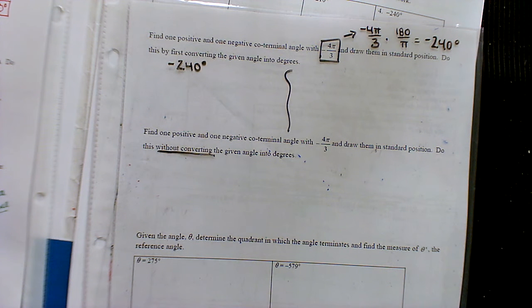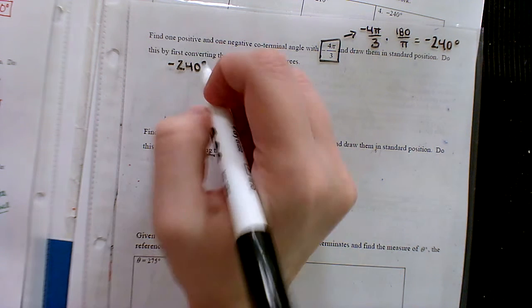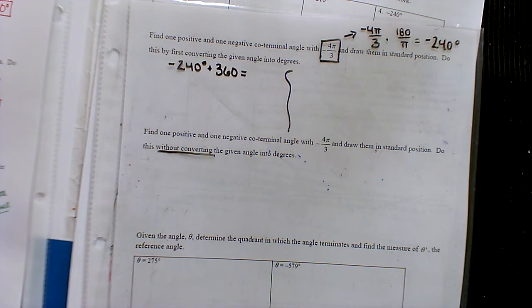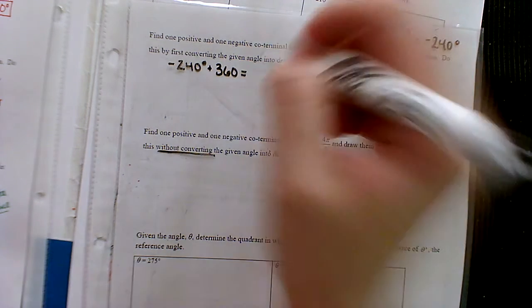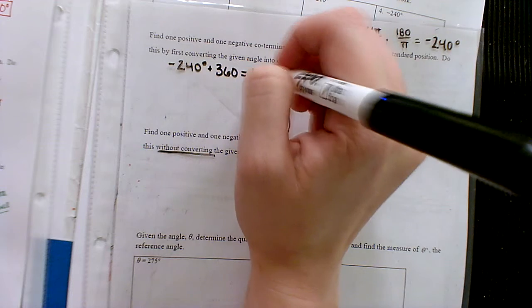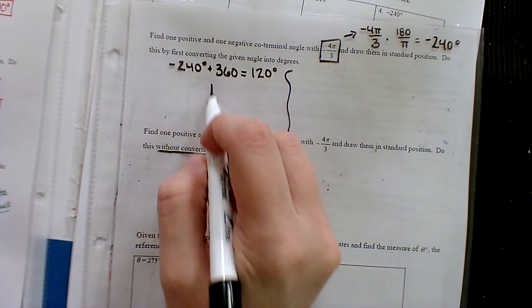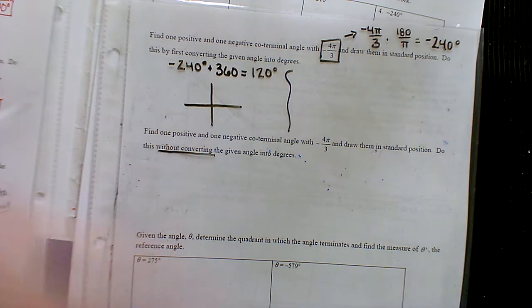So the question is, do we want to add 360 first, or subtract 360 first? Doesn't matter. Maybe we'll try adding. All right, so negative 240 plus 360, we'll get 120 degrees.